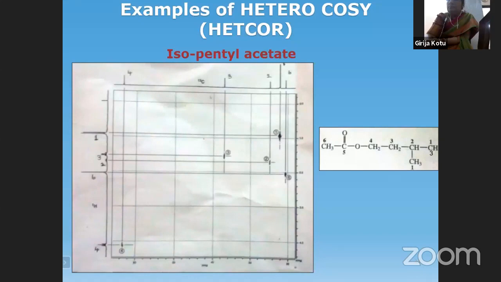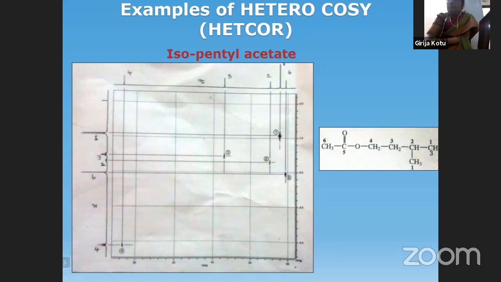But the fourth proton is seen as a triplet. If you closely observe, it is a triplet because it has an adjacent CH2 that it will couple with. Next is the 2 proton. It is coupling not only with the 2 methyls on one side, but also with a methylene on the other side. So it is a multiplet. On high resolution you can observe that, but it is of very low intensity.